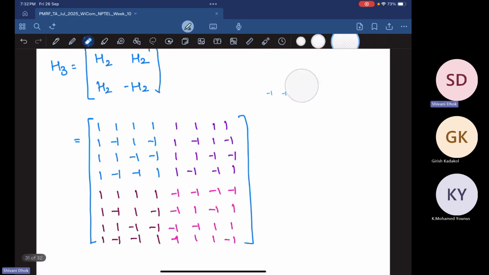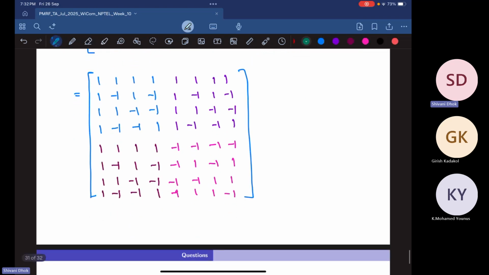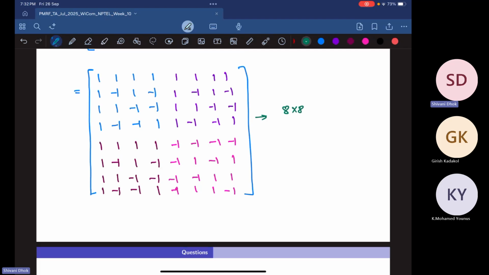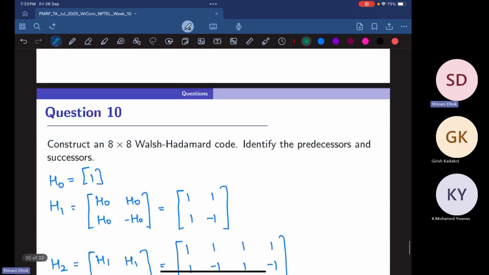So this is the 8x8 Walsh-Hadamard matrix. We take each column of this matrix and treat it as a code, and then to satisfy those properties of random sequences, we scramble them with PN sequences. Okay. So this was all about how to construct the Walsh-Hadamard code.